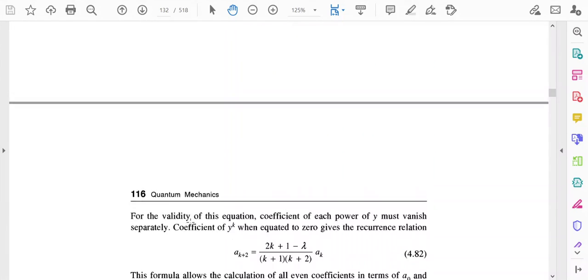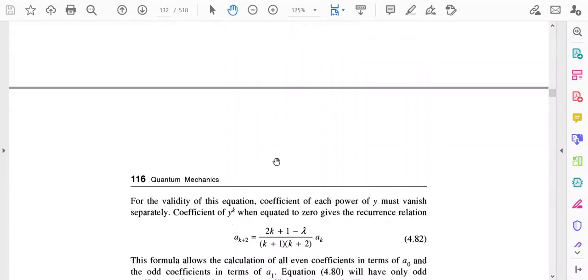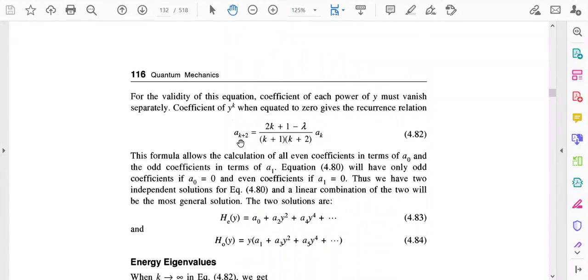So if the coefficient of y to the power k is equal to 0, that is the term in the third bracket, if we make it 0, then from that condition we can write a_(k+2) is equal to (2k+1 minus λ) divided by (k+1)(k+2) into a_k.